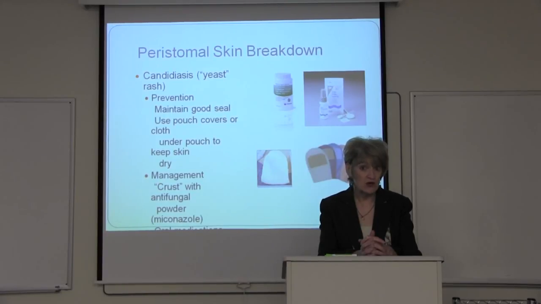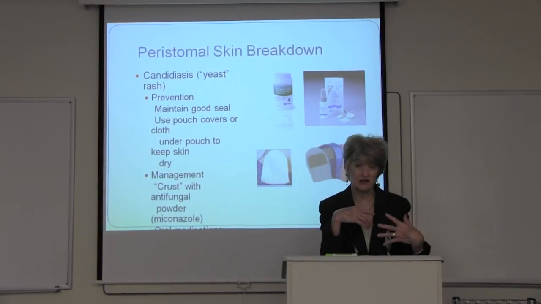What about oral antifungal products? What about Diflucan? We don't typically use oral agents. We would think about an oral agent if we had a patient who presented with, say, oral thrush and candidiasis in the axillary area, in the groin, in the peristomal area.